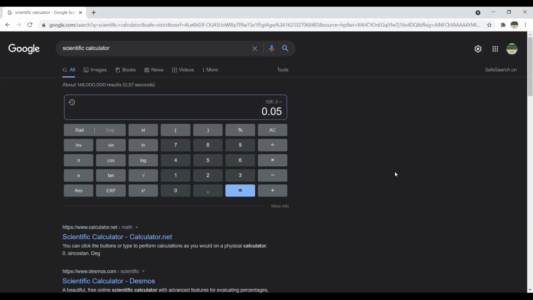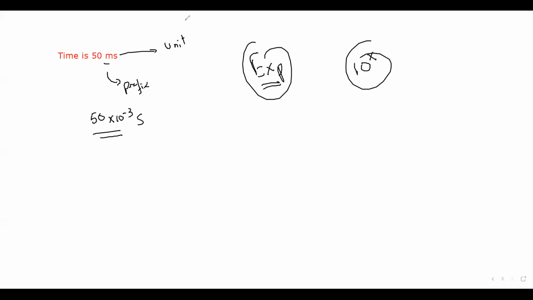If I have two apparatus, one can measure 0.02 and another can measure 0.1, which apparatus is more accurate, A or B? A can measure 0.02 centimeter and B can measure 0.1 centimeter.